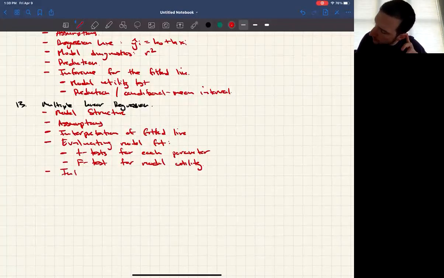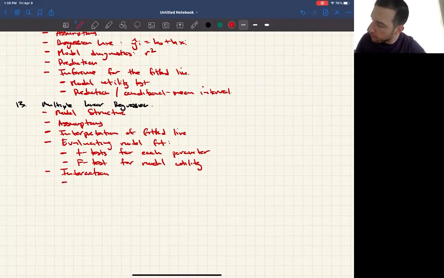Okay, then we talked about interaction and the effect that interaction has on the model. So we talked about model interpretation and how difficult it is with interaction. We talked about comparing a model with interaction to the model without interaction.